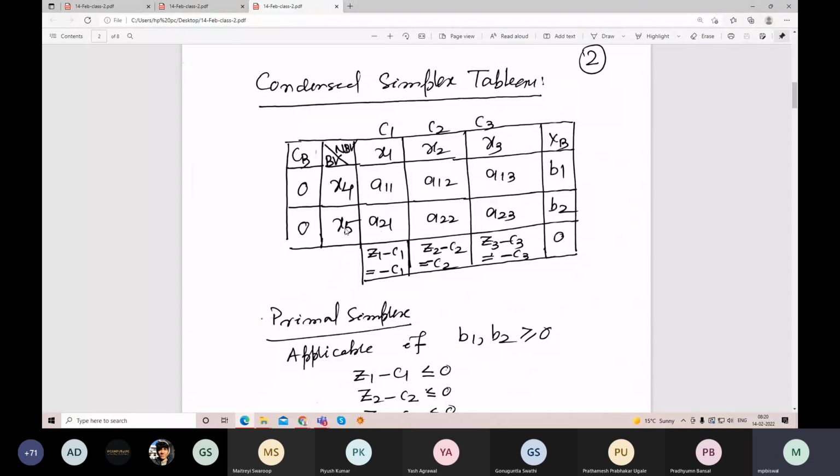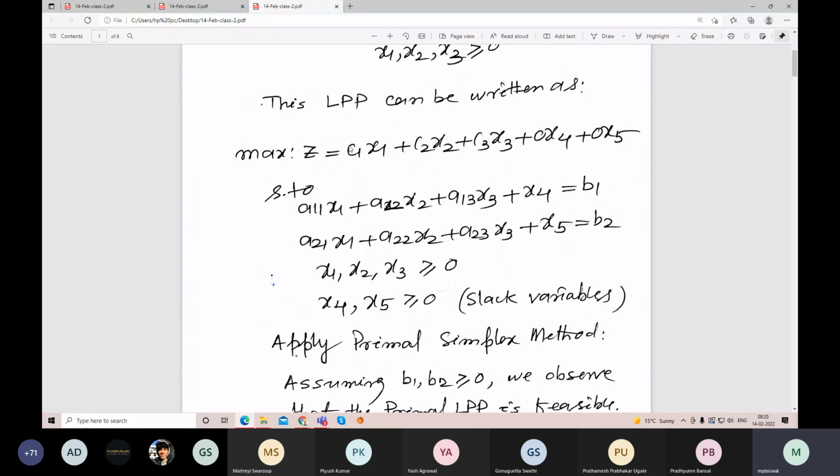So x4 and x5 are the basic variables, and the coefficients of the basic variables are 0, 0, because we wrote C1 x1, C2 x2, C3 x3, 0 into x4, 0 into x5.